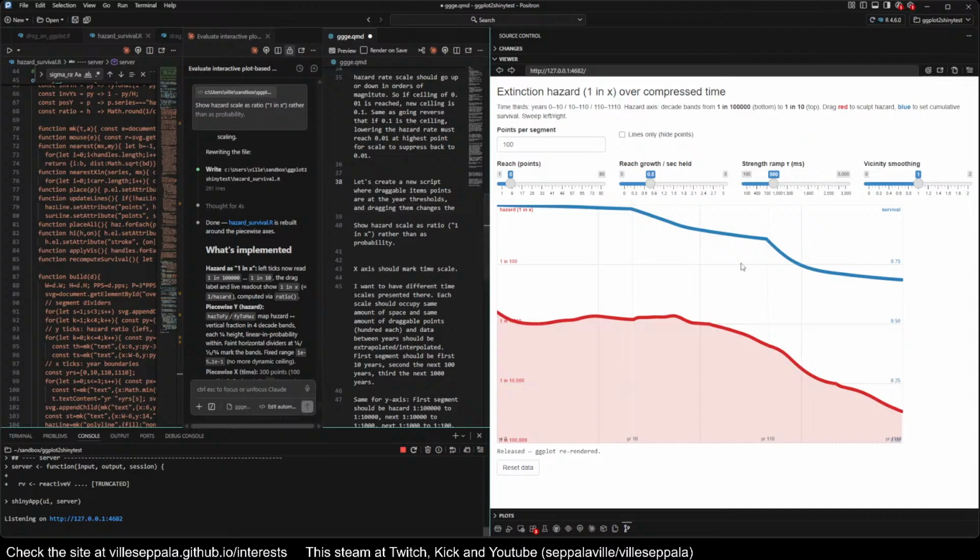So yeah, now I'm thinking, if there was a draggable point here at the threshold, then you assign a survival probability.